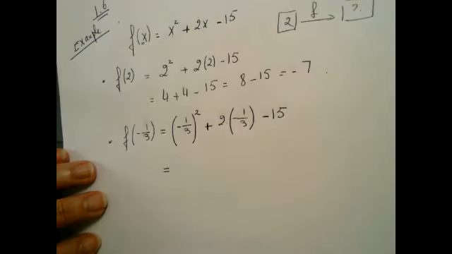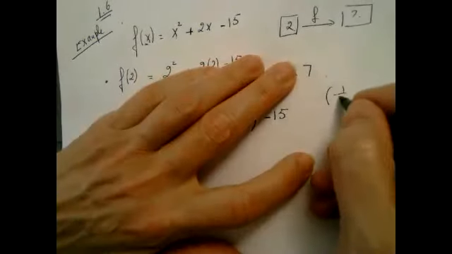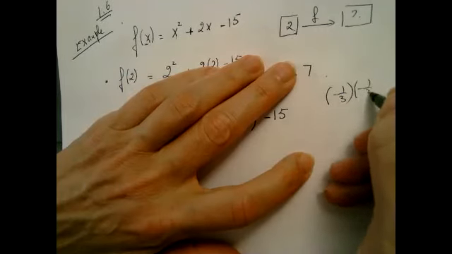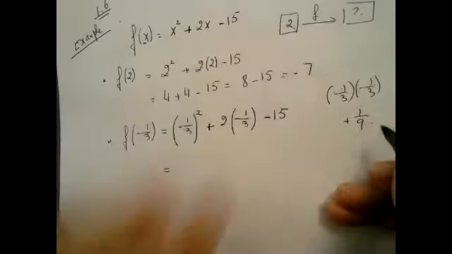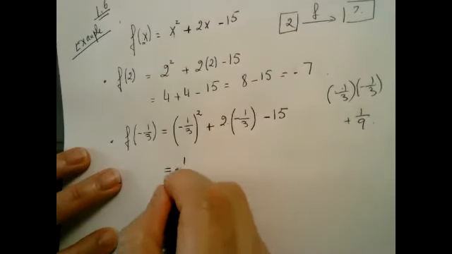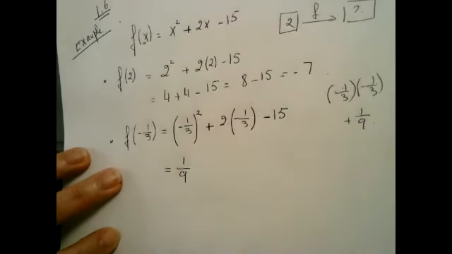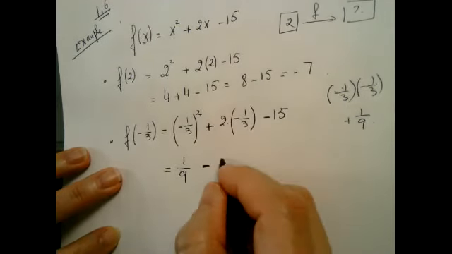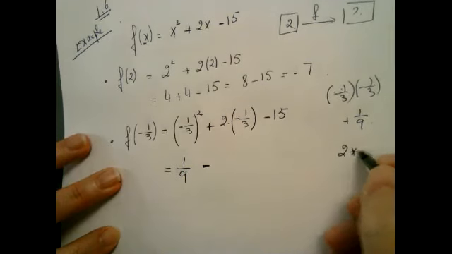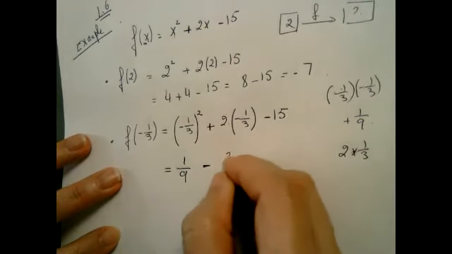And we know how to multiply them. So basically it's minus 1/3 times minus 1/3. Minus times minus is plus, and it's 1 times 1 over 9. So this is 1/9. This is a minus here: 2 times 1/3, 2 times 1/3 is 2/3.